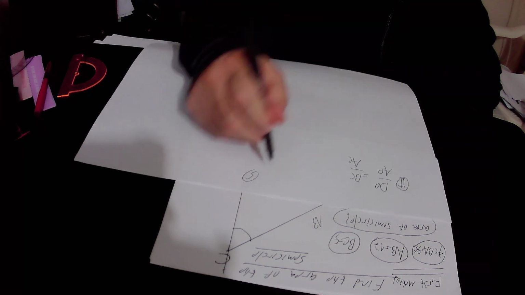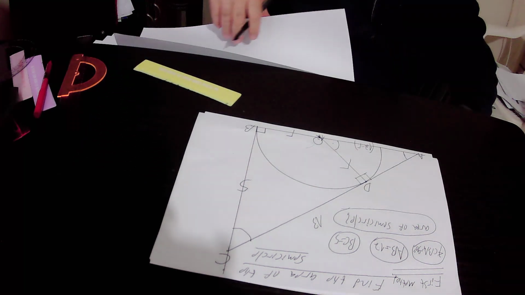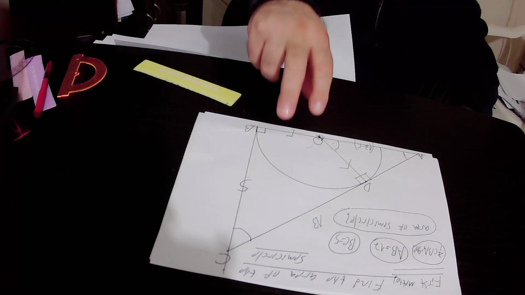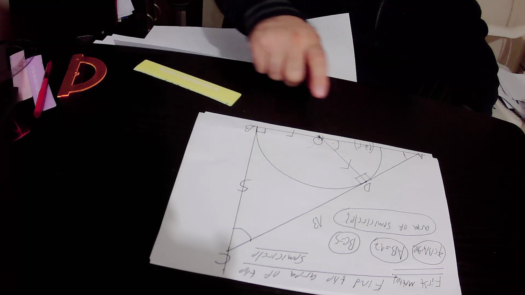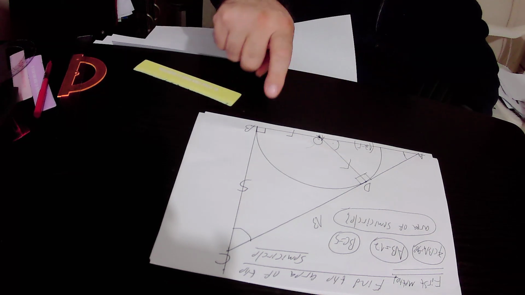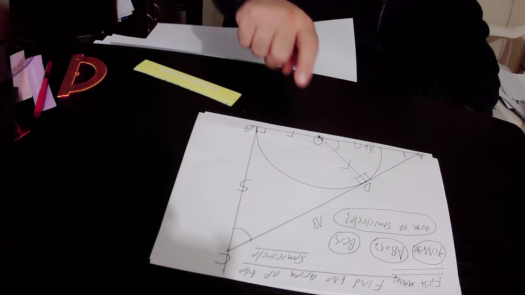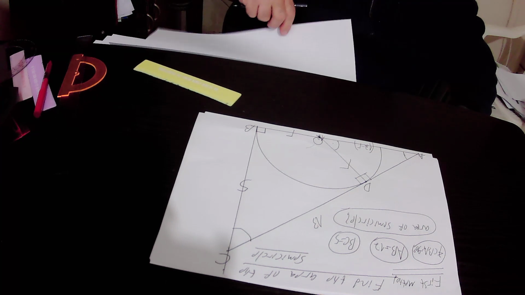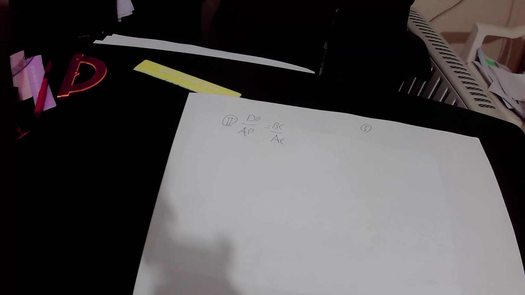I will repeat again, from the fact that triangle ABC is similar to triangle ADO, we will conclude that DO over AO equals BC over AC. Okay, DO over AO equals BC over AC.